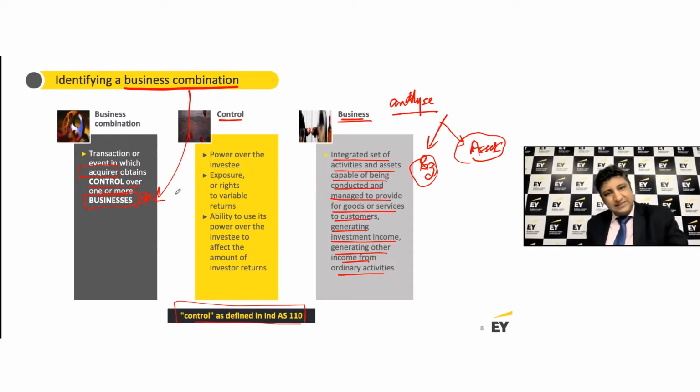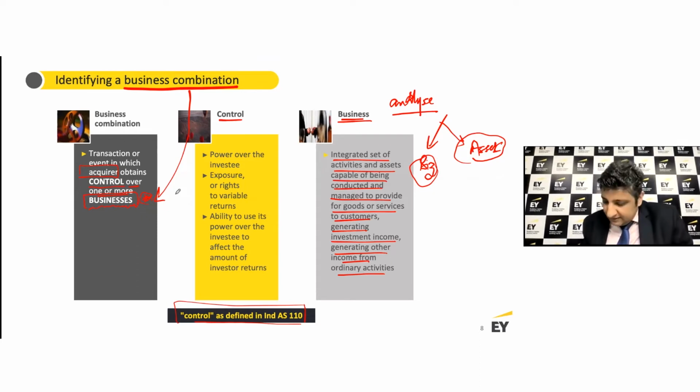Does it have to necessarily be producing something or providing services? Does it have to have some physical assets or licenses or people or investment in some funds, etc.? Or is there a way that we can distinguish or clearly identify a business? That is something we briefly want to talk about.